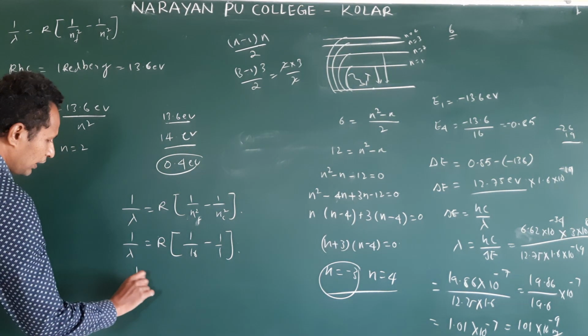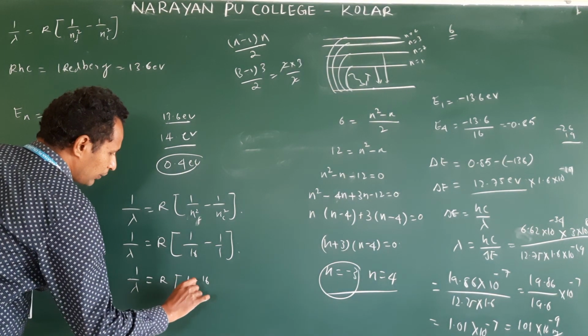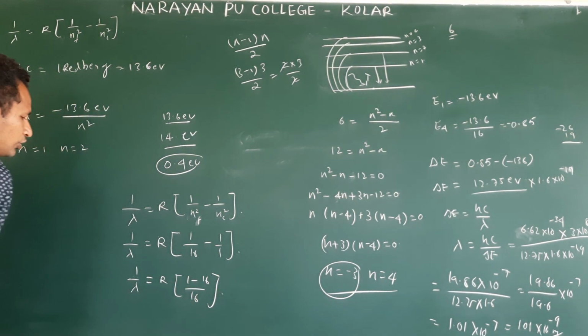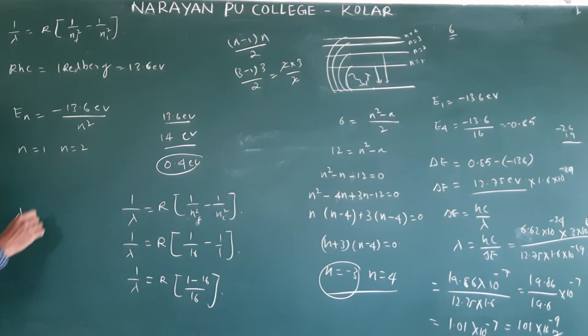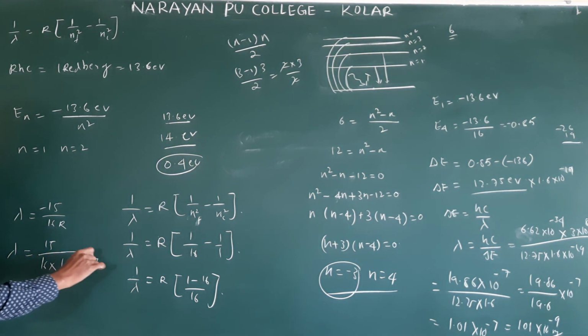Am I correct or not? So 1 by lambda is equal to R into, 16 is the LCM. Then this is 1 minus 16 by 16. So we will get 15 by 16 R. But the minus here is absorption. So 1 by lambda is 15 by 16 into the Rydberg constant, which is 1.097 into 10 power 7.